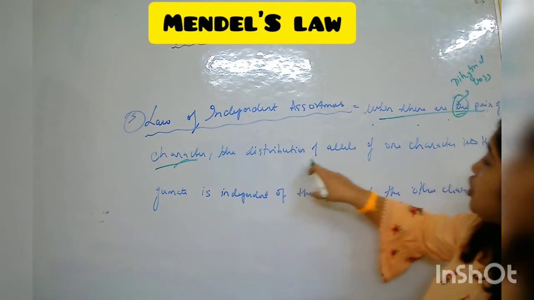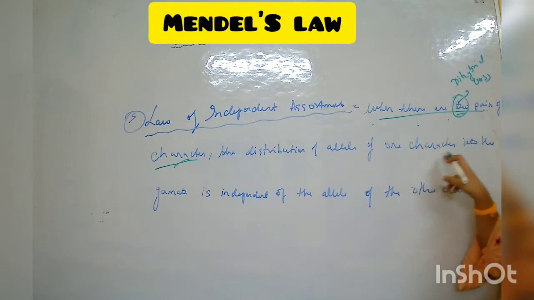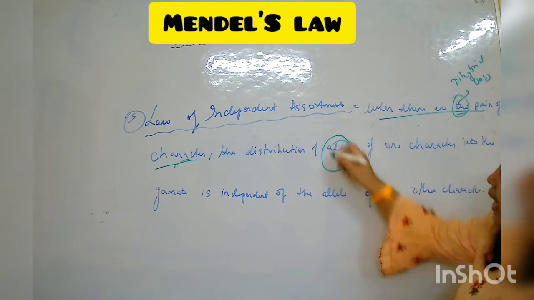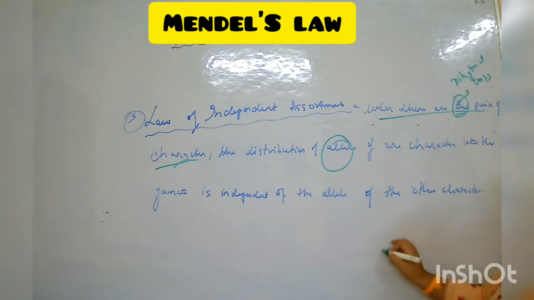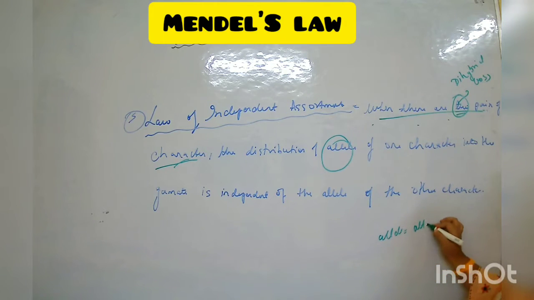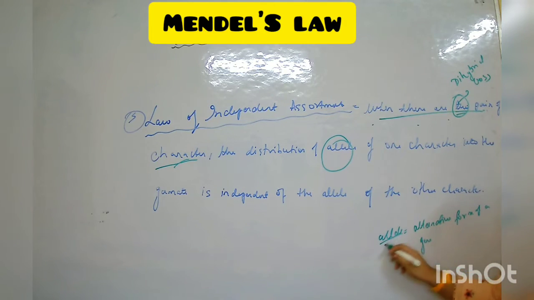The distribution of allele of one character into the gamete. Now what is allele? Just remember here, allele means alternative form of a gene. Like you see, one is tall, one is dwarf. These are two alternative forms.